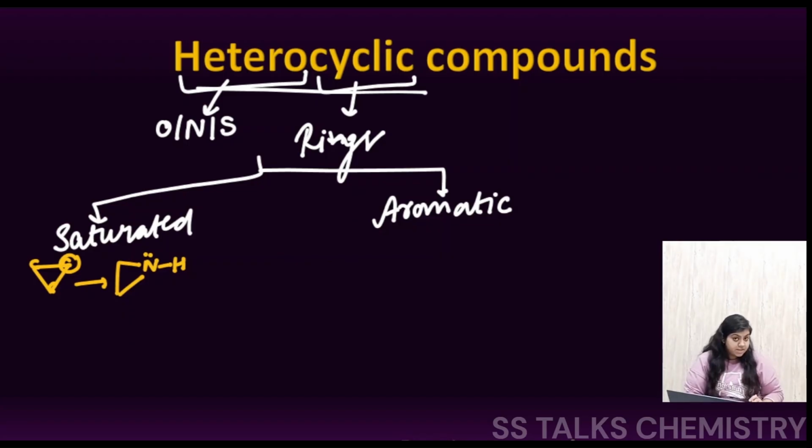This ring that has been formed is called the aziridine ring. So this is your first heterocyclic compound.